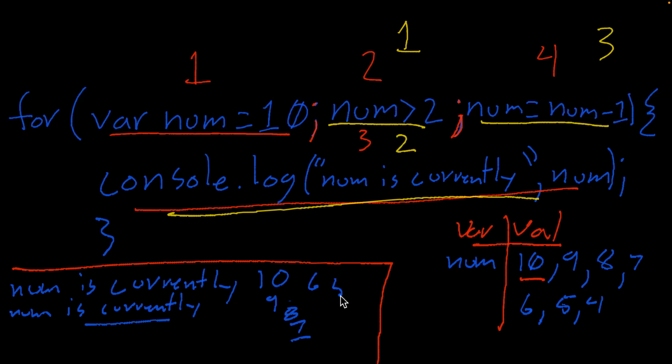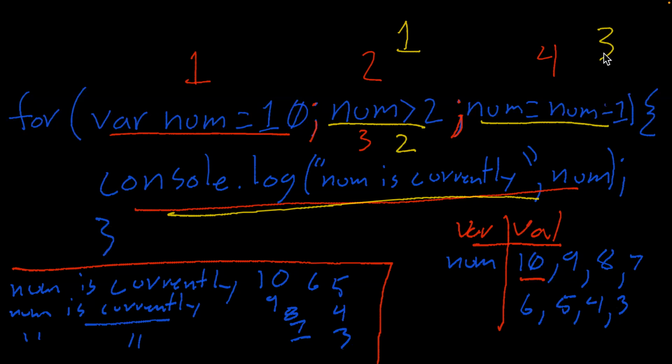And then we're getting close to 3. So we'll say, okay, we're going to get to 3. That's going to qualify while num is greater than 2. So then we enter this section. Num is currently 3.